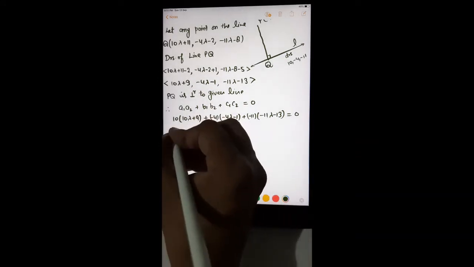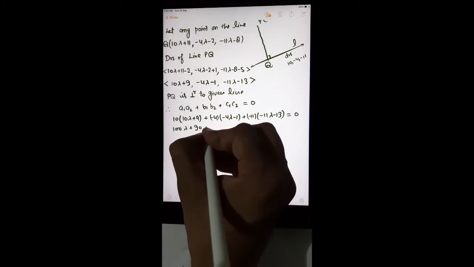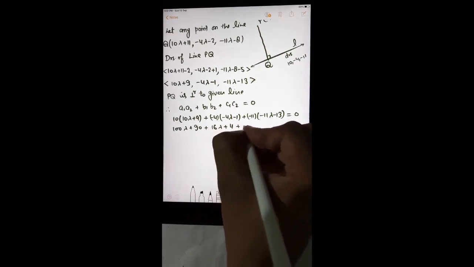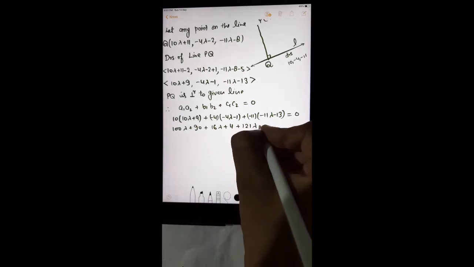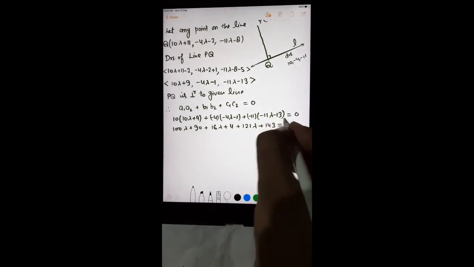So on simplification we will get 100 lambda plus 90 plus 16 lambda plus 4 plus 121 lambda plus 143 is equal to 0.